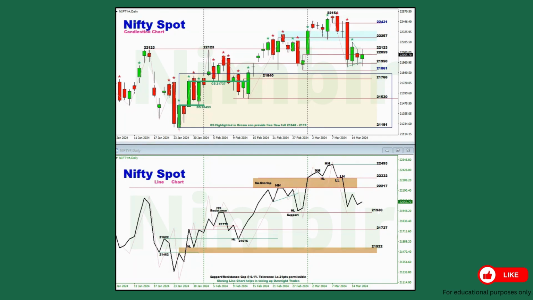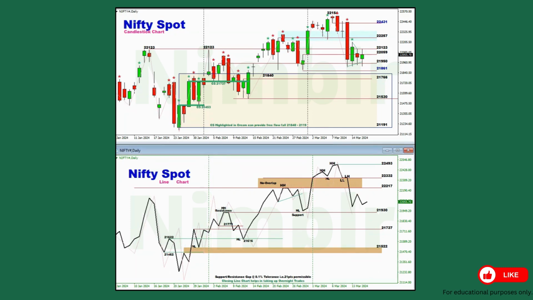And if you know something about waves, then this probably is an ascending formation up till now here. So either we have tomorrow another small wave, which is probably ending below 22,127.